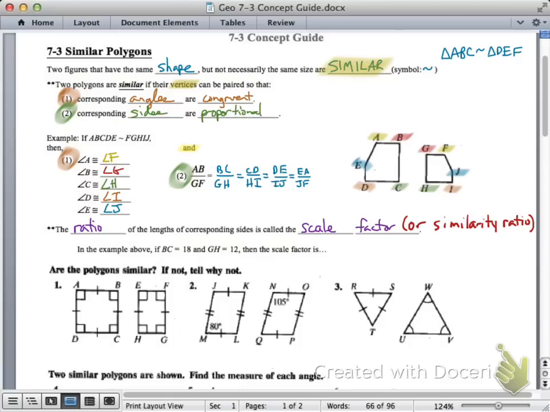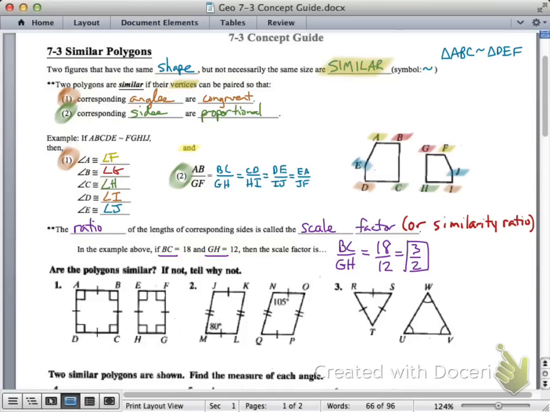So, in the example above, if BC is equal to 18 and GH is equal to 12, then the scale factor is BC over GH, which would be 18 over 12. Should you reduce this? Of course you should. 18 over 12 is equal to 3 over 2, and that is the scale factor or similarity ratio.